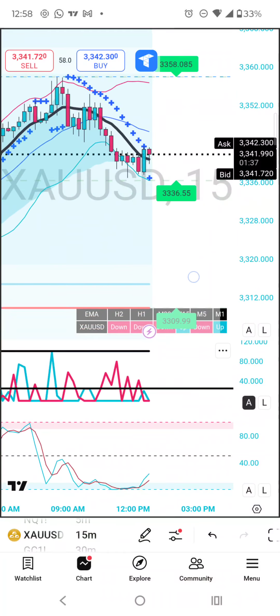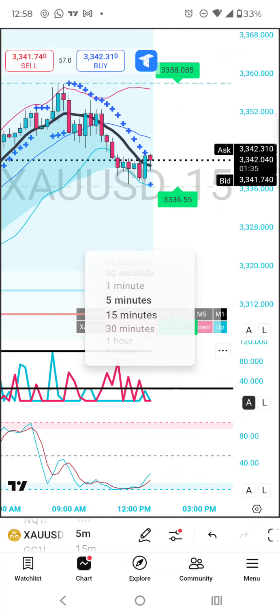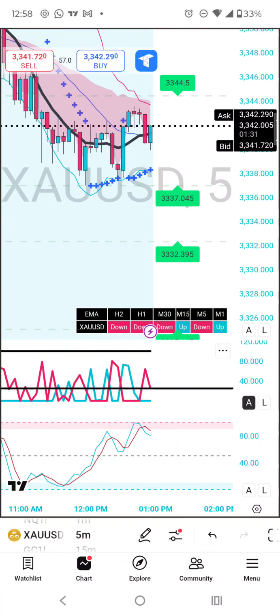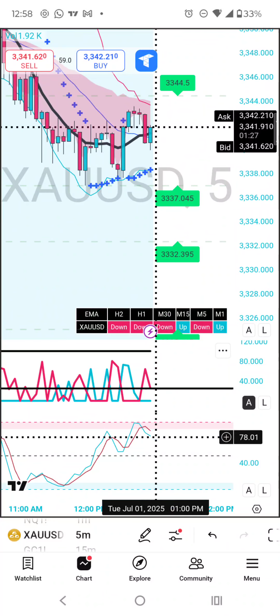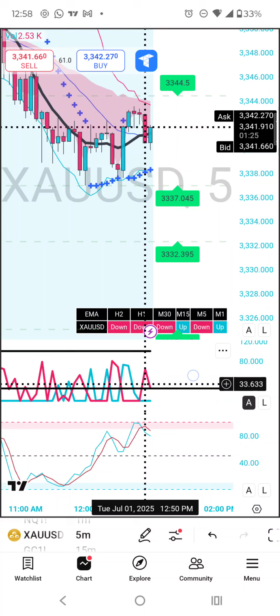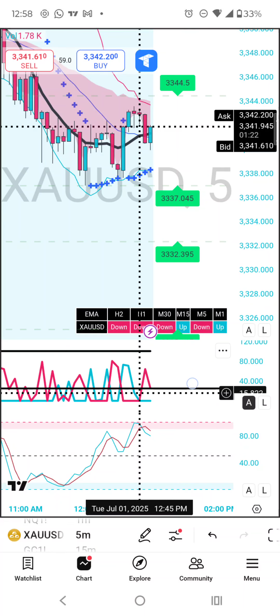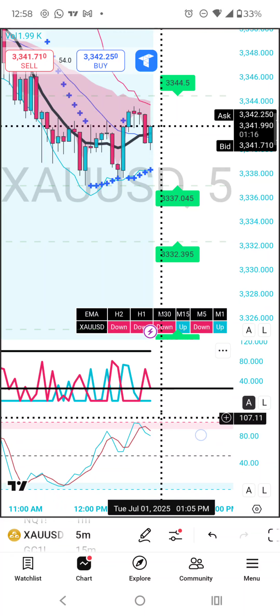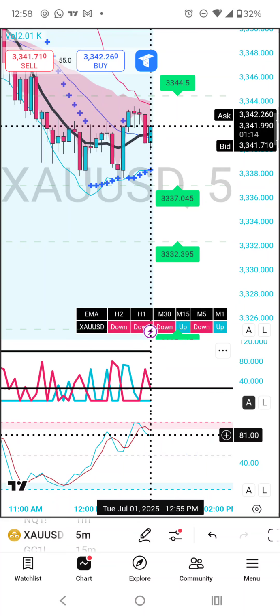The top-down analysis, most of it says down. And then the 5-minute, where are we at? Kind of in the middle there. ADX, sellers are up right now. This is at the bottom, so it's normally just going to come back to this at a certain point.